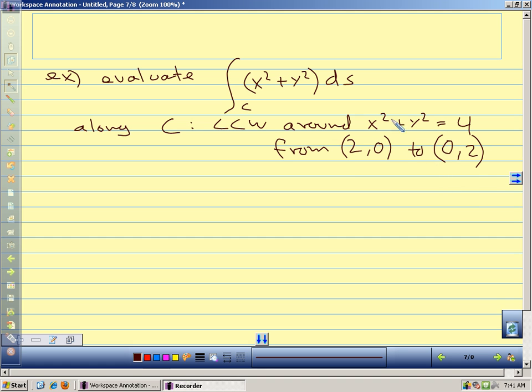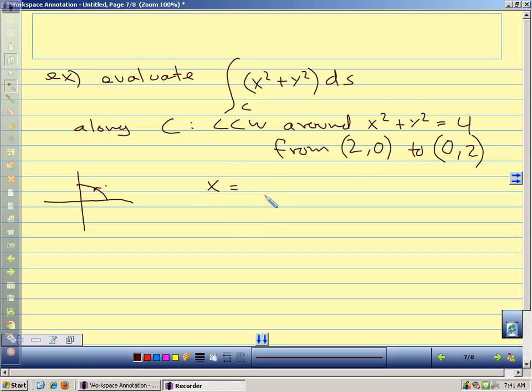So we have our curve. We need to parameterize our curve. So what would be a good parameterization for this curve? What is this curve? Circle. And we're going counterclockwise from (2, 0) to (0, 2). So we're going from here to here. What would be a good parameterization of a circle?